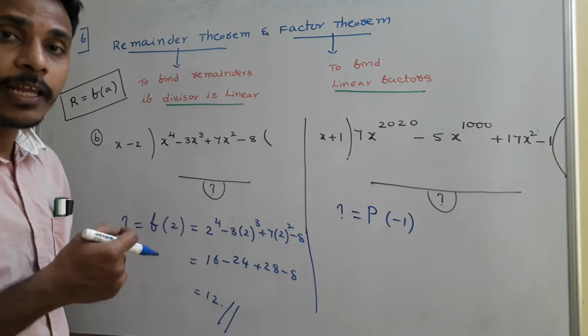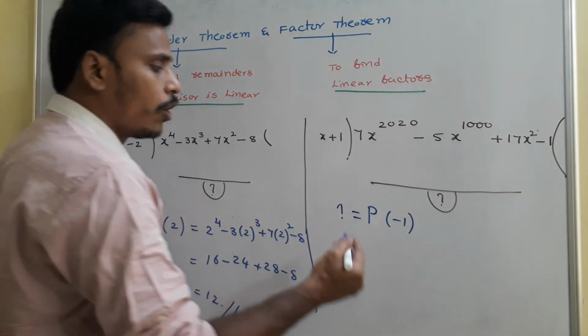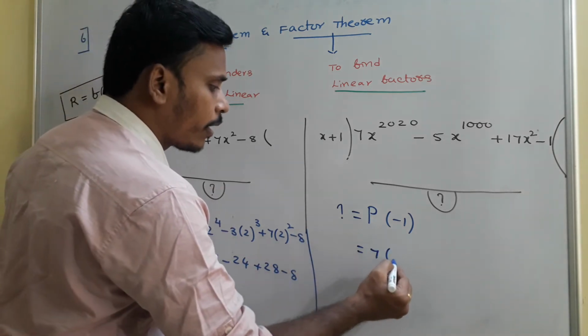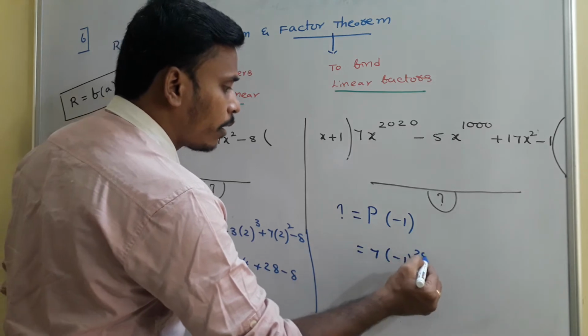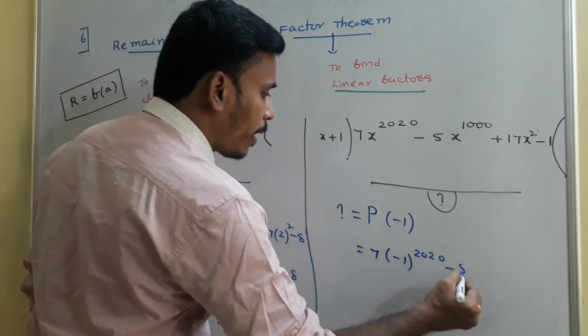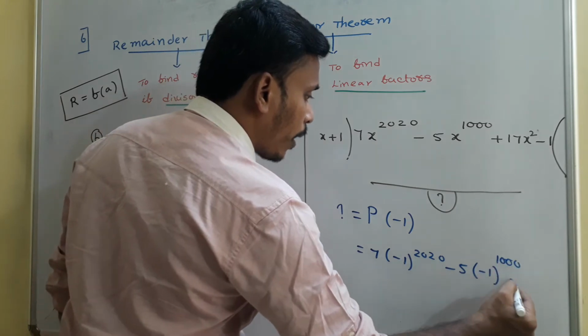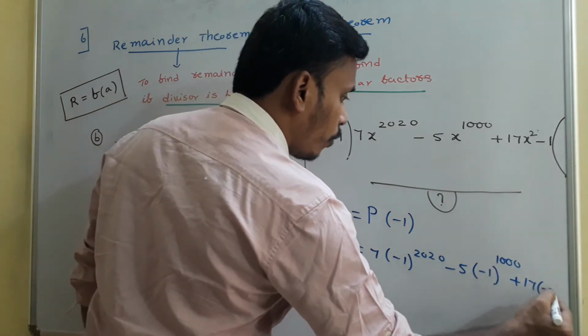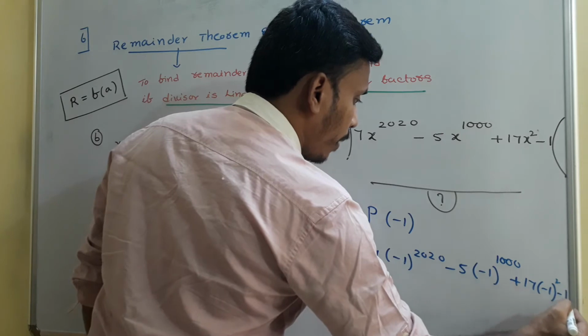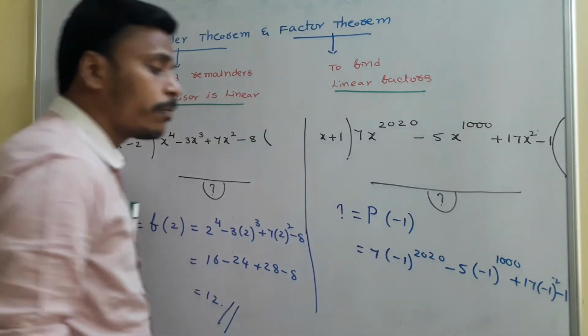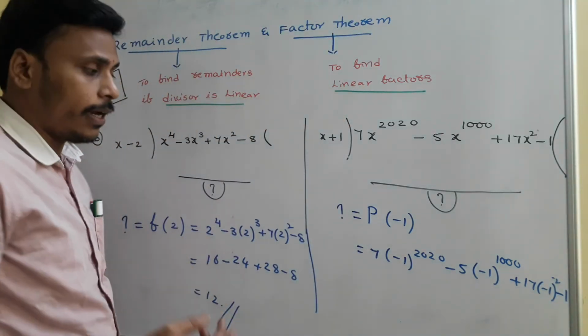The polynomial value by replacing x with minus 1. So this is equal to 7 into minus 1 power 2020 minus 5 into minus 1 power 1000 plus 17 into minus 1 square minus 1. So this simplification directly gives you the remainder.